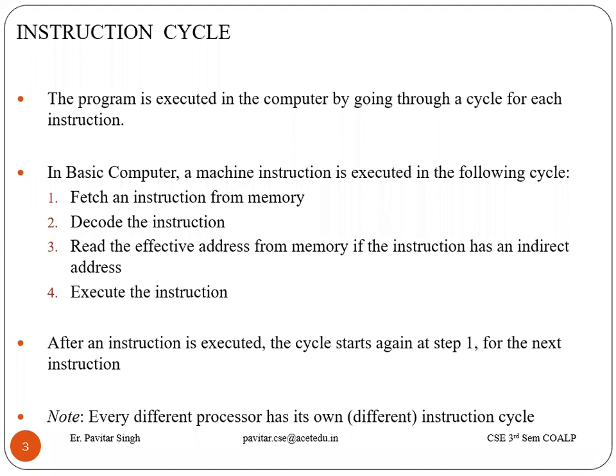It may be possible that for i3, the instruction cycle has only two phases, for i5 it has four, and for i7 it has six phases, right? That is why it is written in the form of a note. Every different processor has its own different instruction cycle.